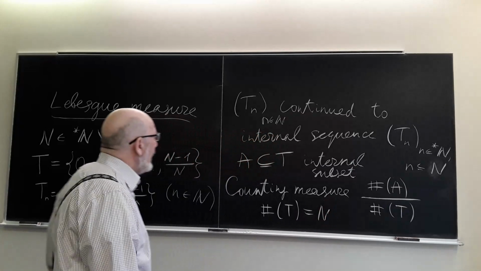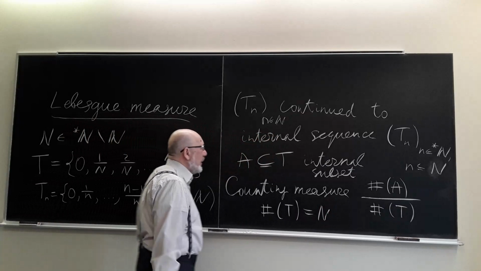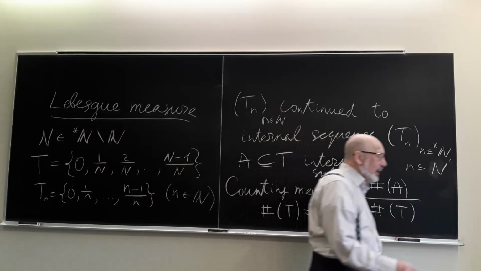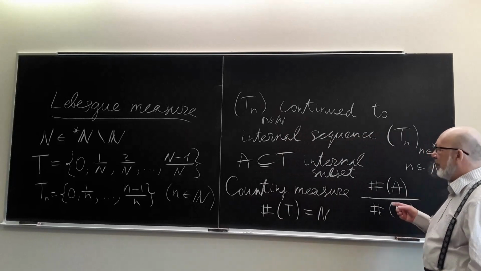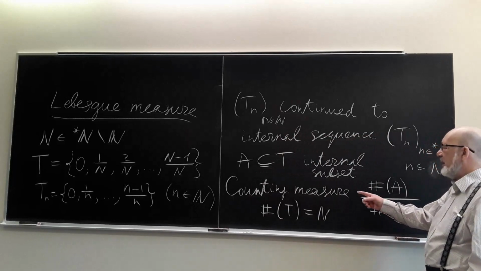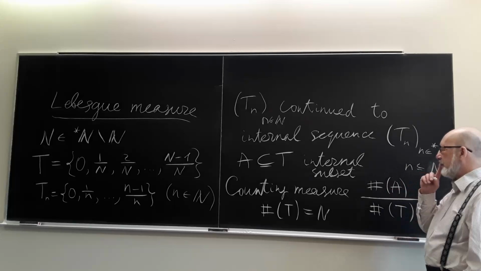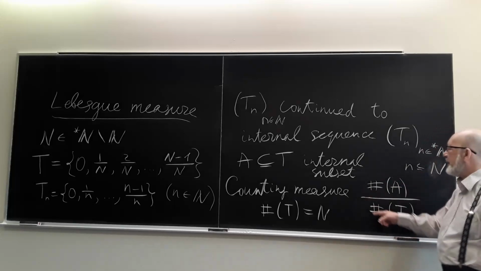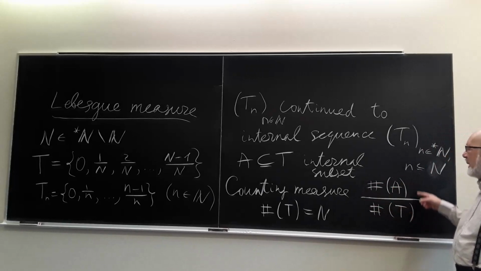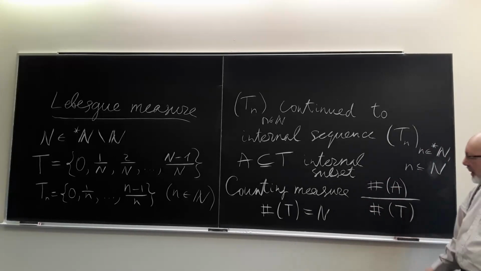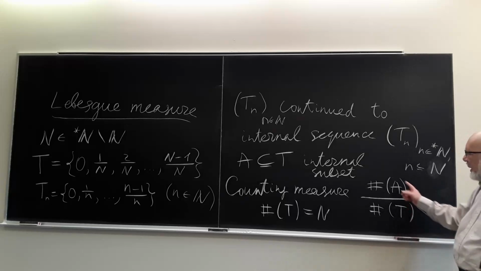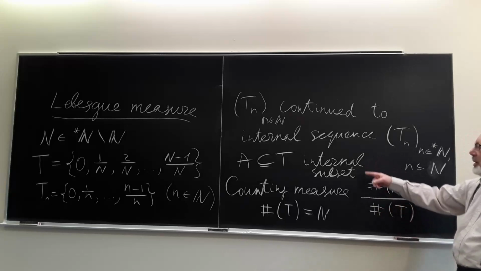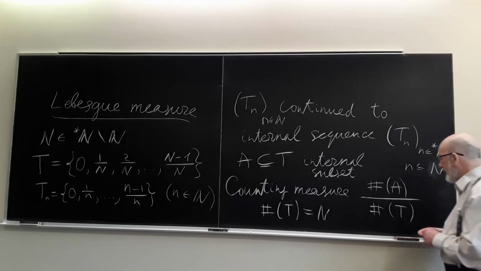So this way we have the setup to define the Loeb measure. For any internal set we have this measure, but this measure is not sigma additive because the algebra of the internal sets is not a sigma algebra.